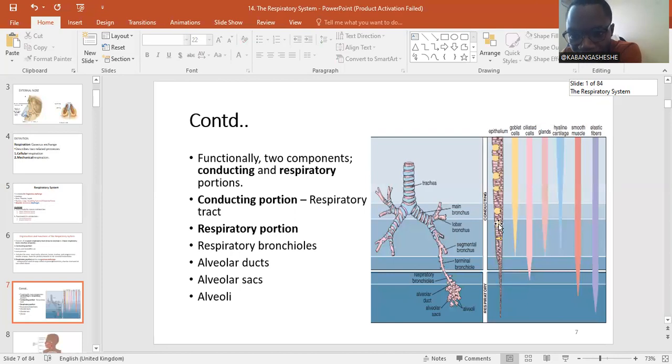Then they keep on reducing in height. At some point, they will be cuboidal. So we sometimes fail to distinguish whether they are cuboidal or columnar, especially in the bronchioles. In the bronchioles, they are more or less cuboidal. So we just call them tall cuboidal cells with cilia.